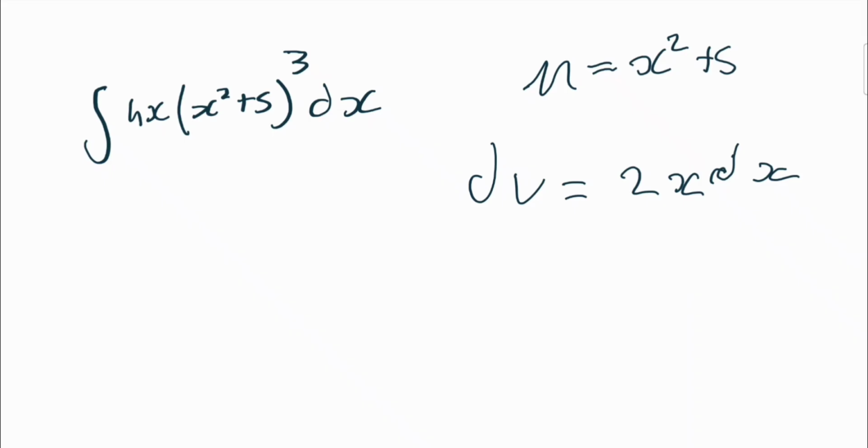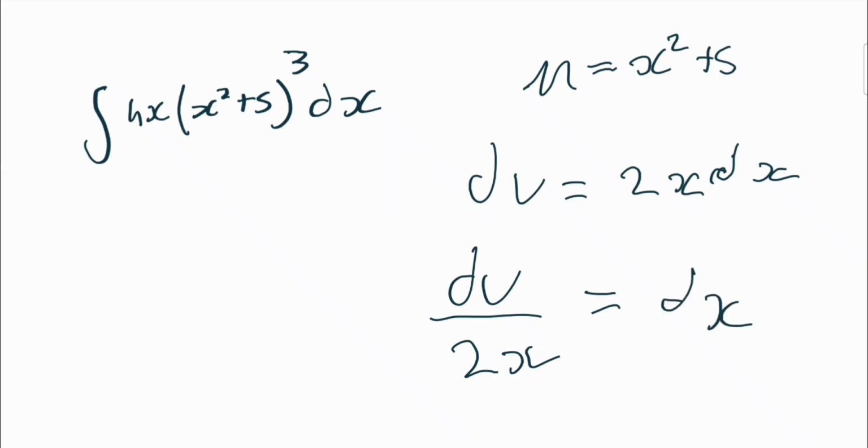So now we need to isolate this dx. The way we're going to do this is dividing both sides of the equation by 2x. So du over 2x equals dx.